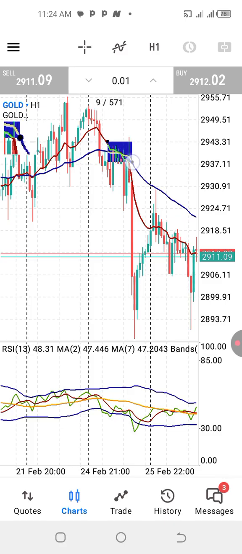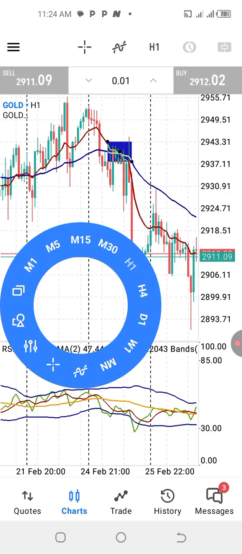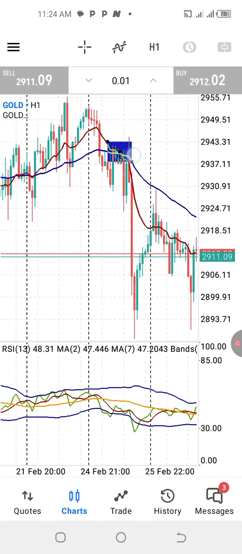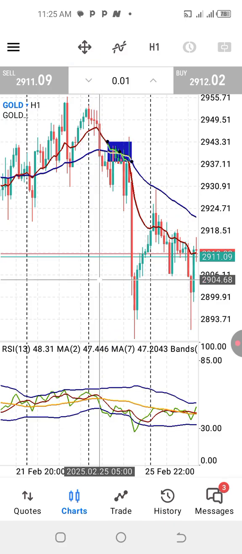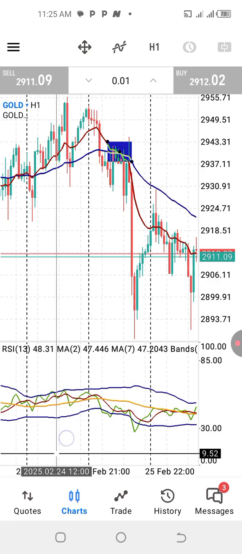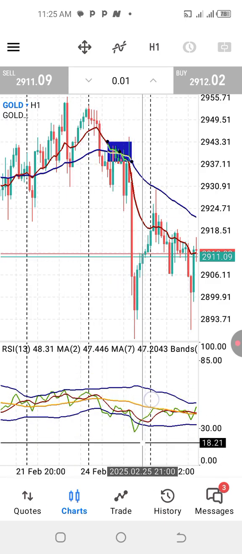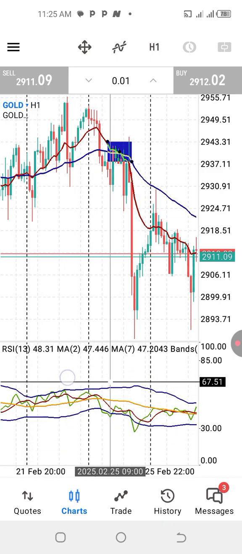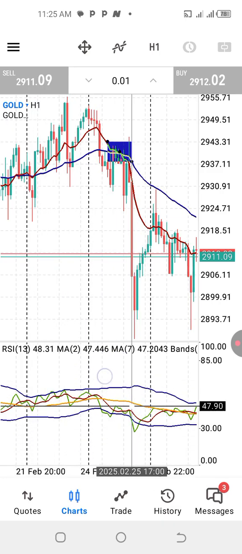There was a crossover where the red line crossed the blue line to the downside. Once you see that, the next thing you are going to do is come down here. Are you seeing this indicator here? This is the TDI, the Traders Dynamic Index.